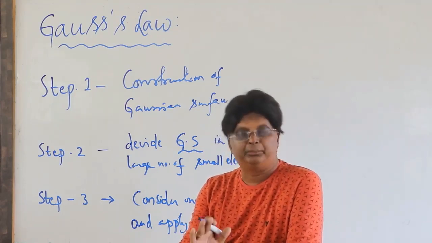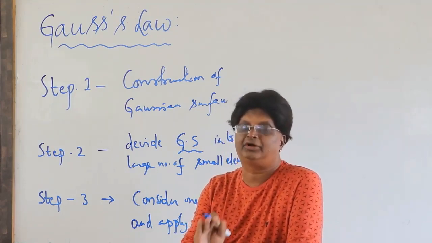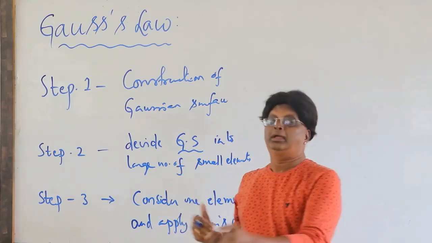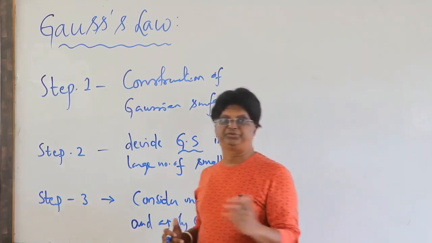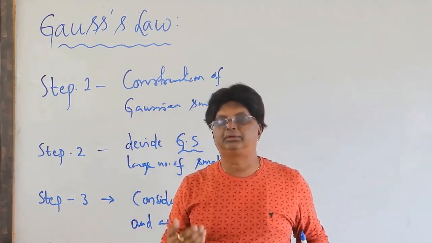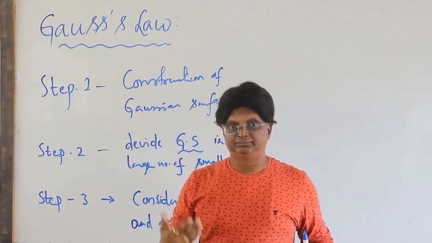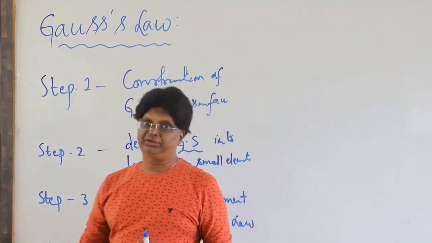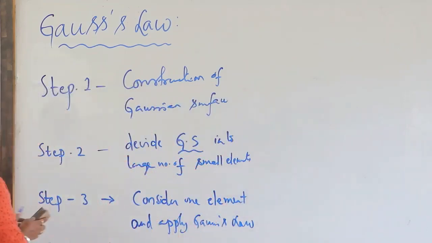Now let us begin with the simplest case of applying this Gauss law. Earlier, when we discussed distributions of charges, continuous distributions, we took linear charges and surface charges. Now let me begin with the simplest of the cases, that is linear charge.